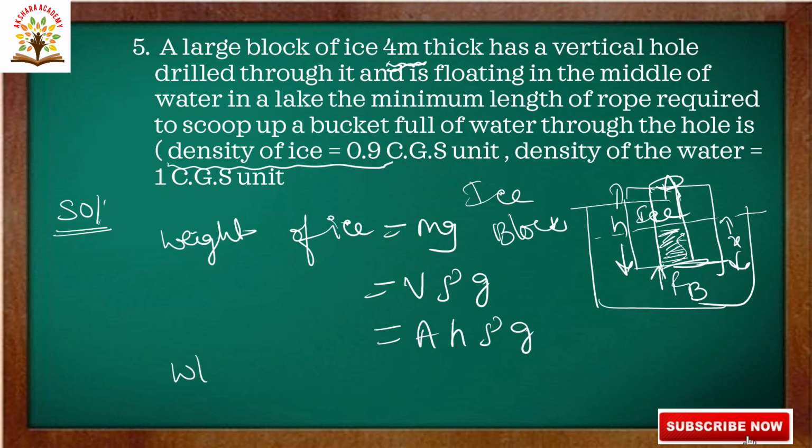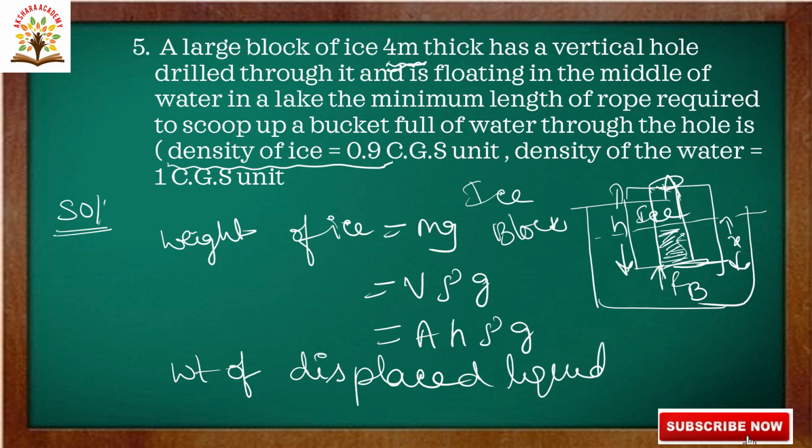Weight of displaced liquid is equal to V into rho L into g, where rho L is the density of liquid, and the volume inside is A into x.